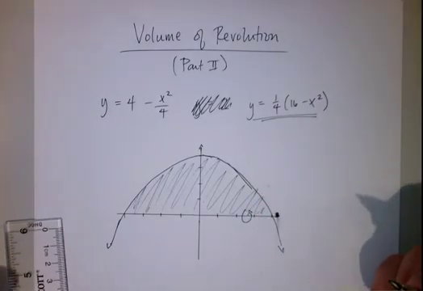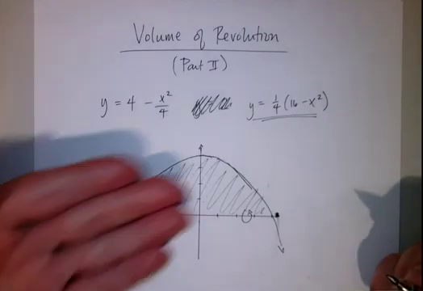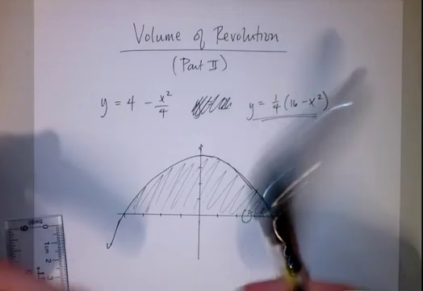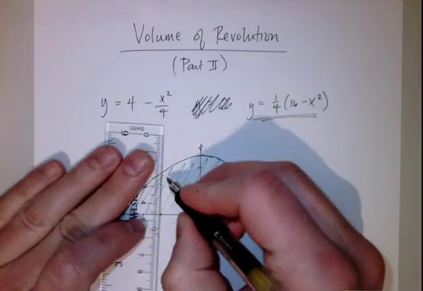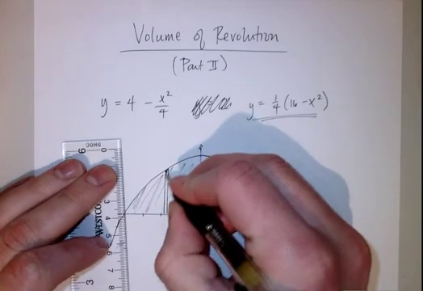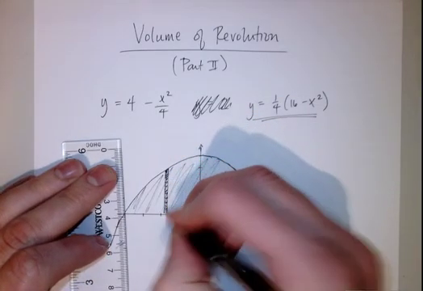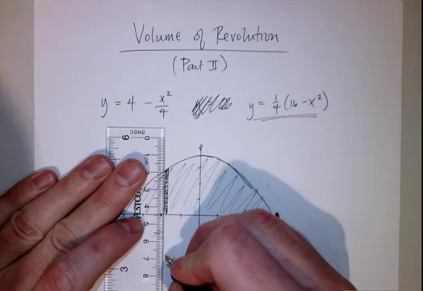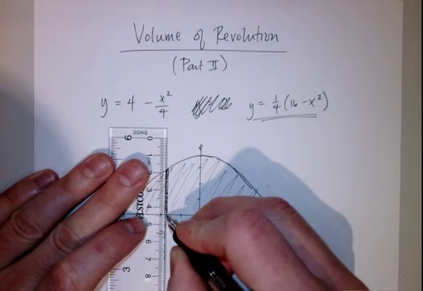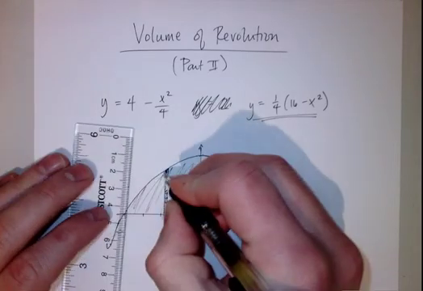Just like the animations I showed you, this area would come off the paper and swirl around, so that any cross section that looks something like this, a rectangular cross section, would have a corresponding cross section down here.